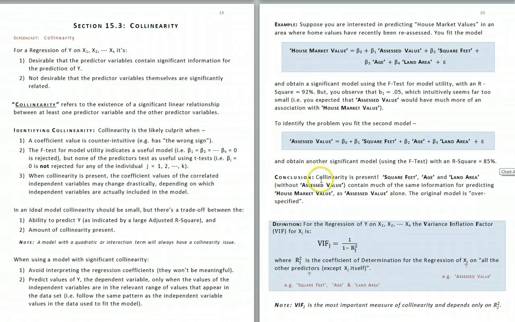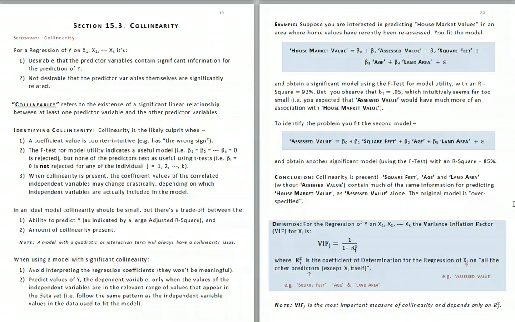The conclusion is collinearity is present in this model. Square feet, age, and land area contain essentially the same information as does assessed value to predict market values. In fact, the assessor probably uses square feet, age, and land area to determine assessed value.